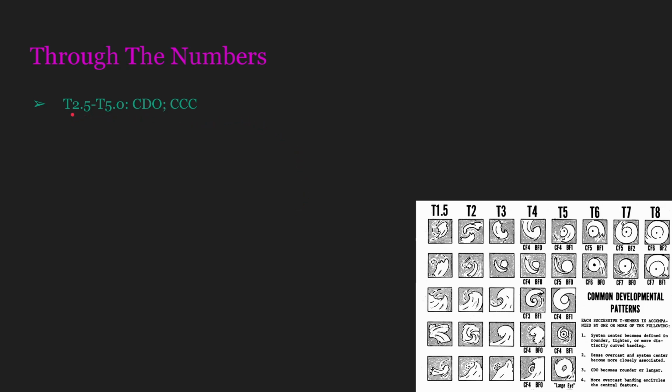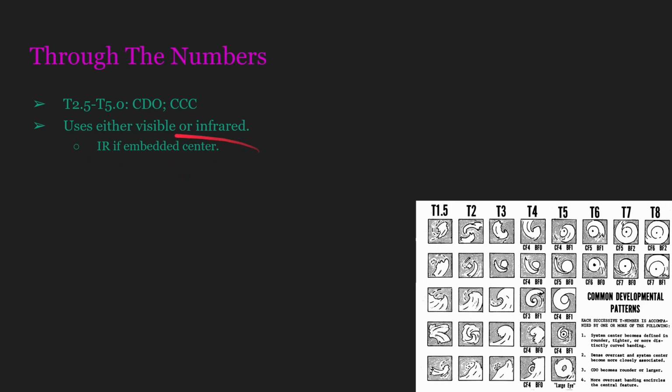T 2.5 to 5.0 is the central dense overcast. I'm also going to throw in the central cold cover just to talk about that here, along with the CDO. The CDO cloud pattern will use either visible or infrared. It does not use both at the same time. It's not required, I should say.